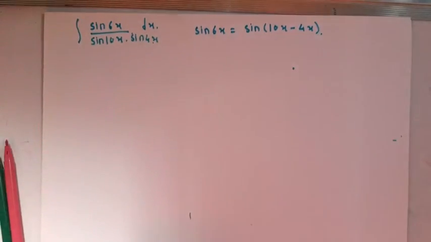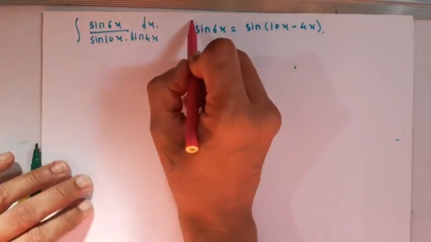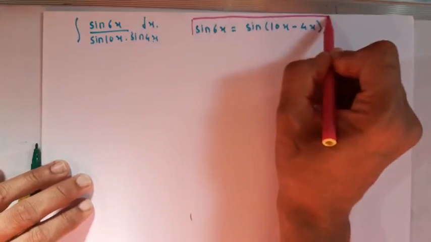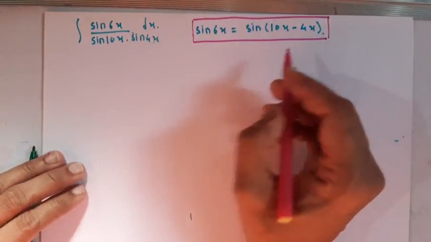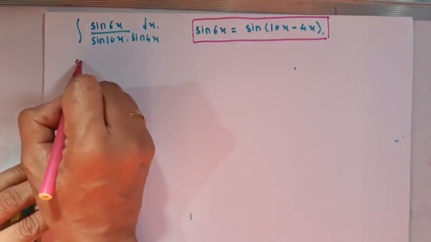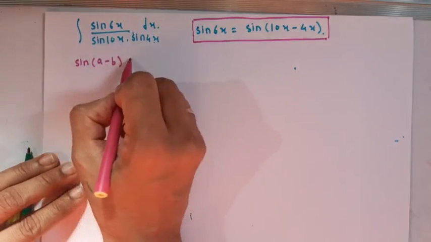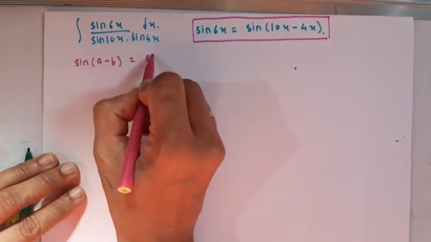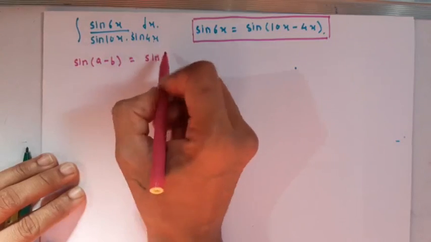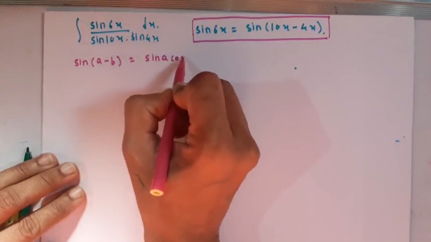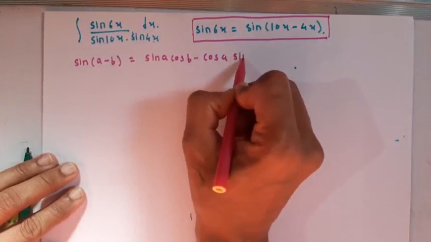Students, we know the formula for sin of a minus b: sin a cos b minus cos a sin b.